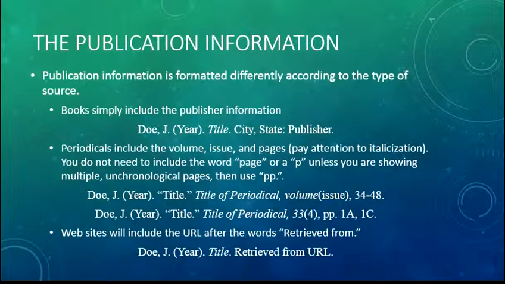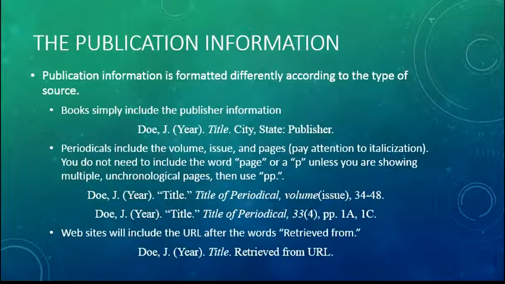Periodicals, which are your journals, your magazines, your newspapers, often include the volume, the issue, and the pages. Okay? When you're putting those pages in there, you don't need to include the word page or a P, just put the numbers.